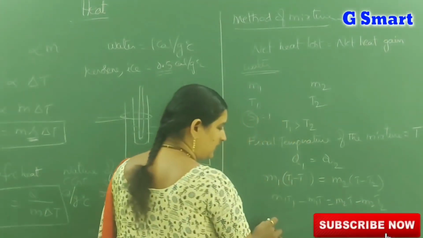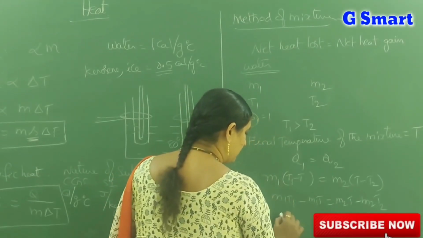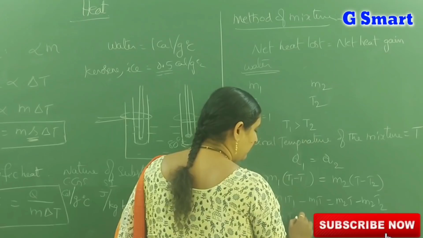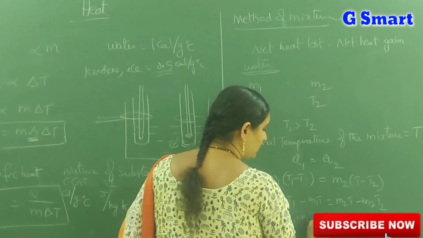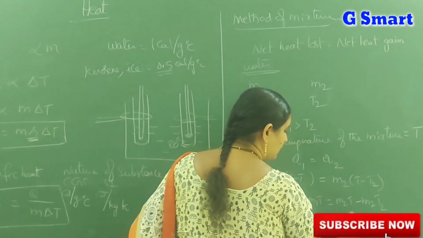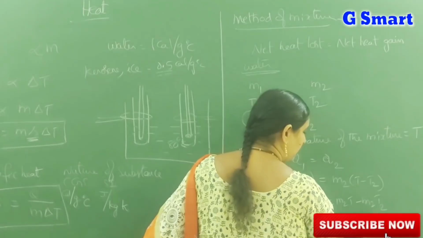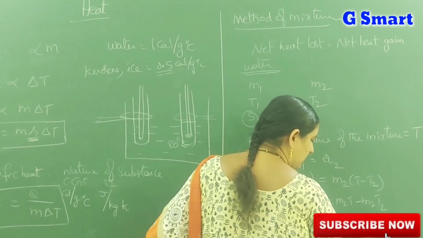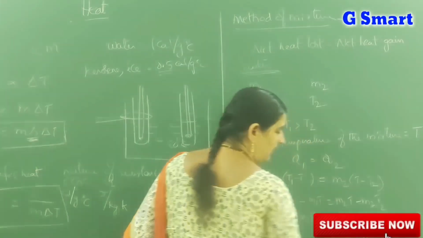Take the M1 T and M2 T2 to the other side. Then M1 T1 plus M2 T2 is equal to M1 T plus M2 T. In this, T is common, so it is M1 plus M2 into T.